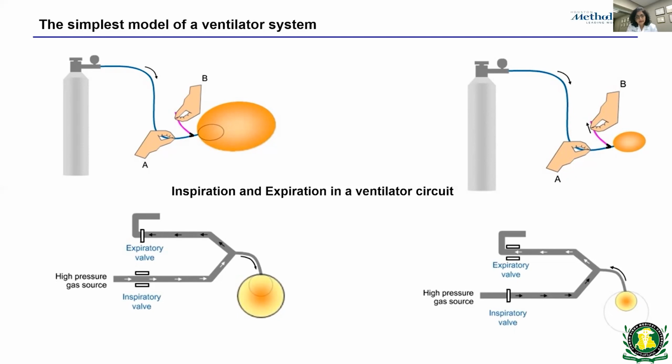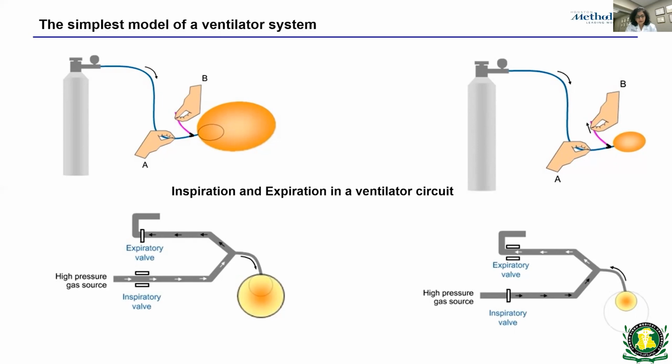So hand A is now replaced by the inspiratory valve, and hand B is replaced by the expiratory valve.